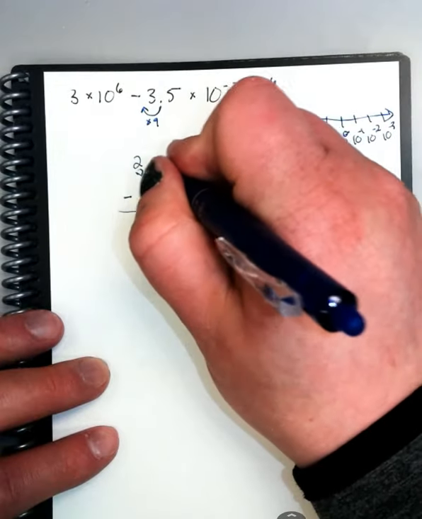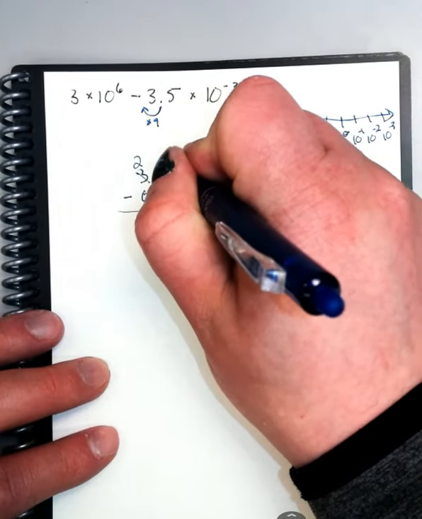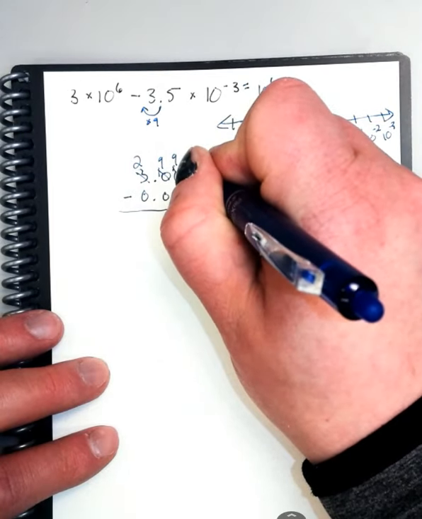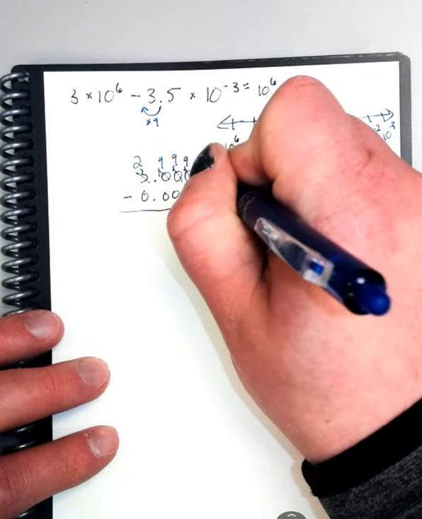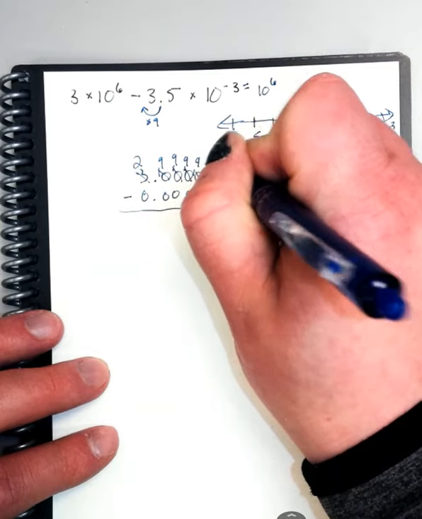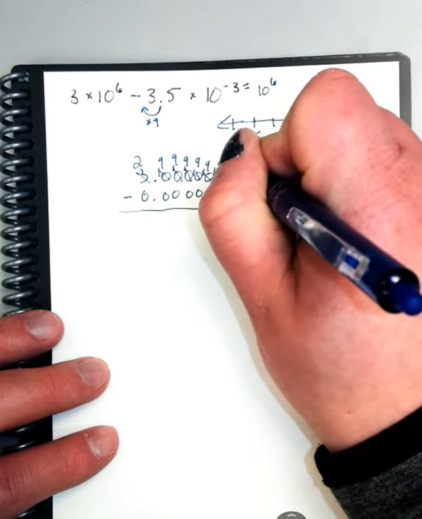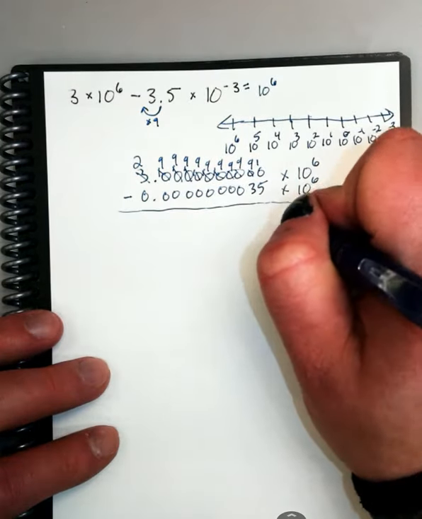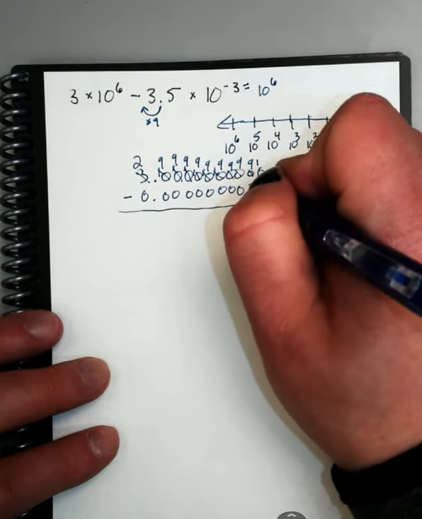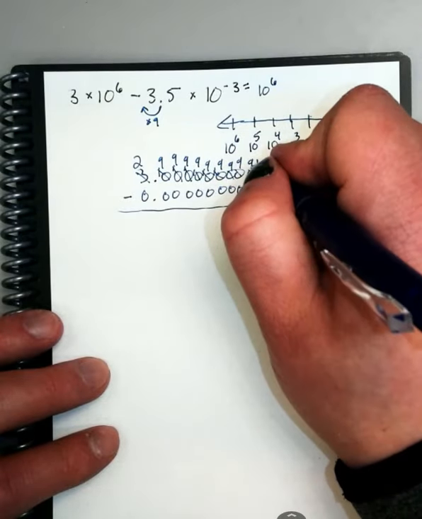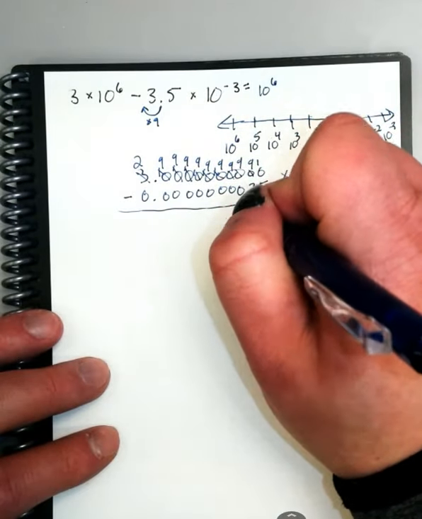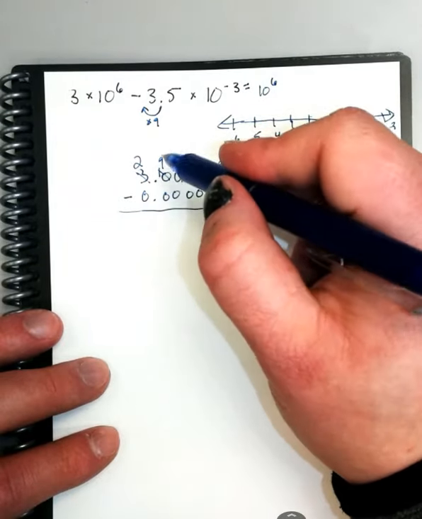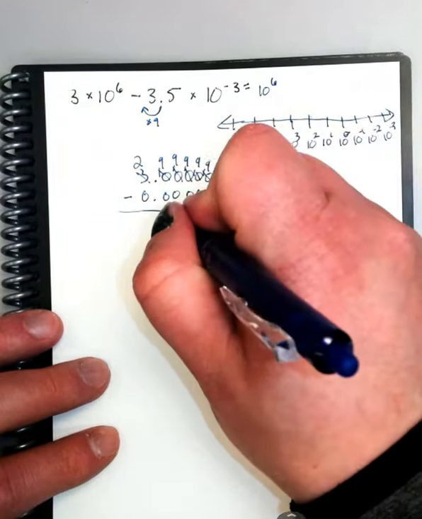Because if I make this 2 and I borrow all the way over, we have 10 to the 6th, 5, 9 minus 3 is 6, 9, 9, I should have 8 nines.